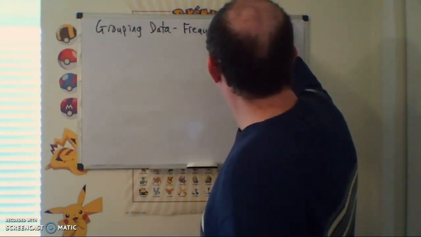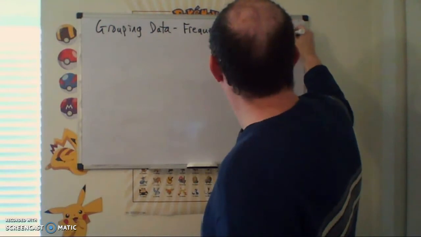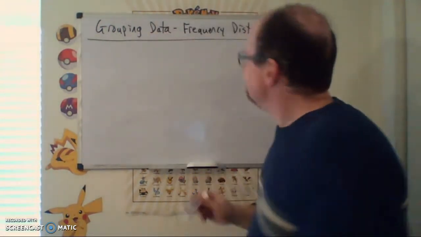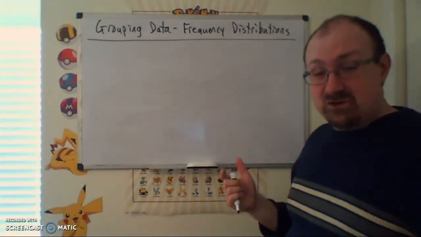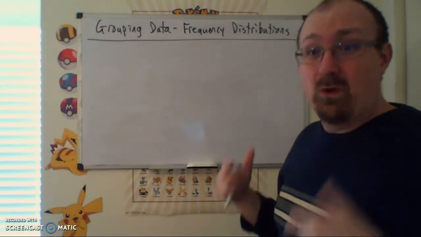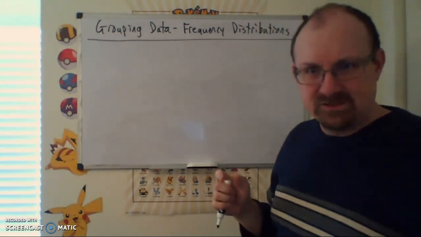That's our objective for the rest of this video, and the one that comes after it as well, to be frank. We're going to be building up frequency distributions, and then we'll see a couple of different ways you can display data once you've got it assembled into a frequency distribution.